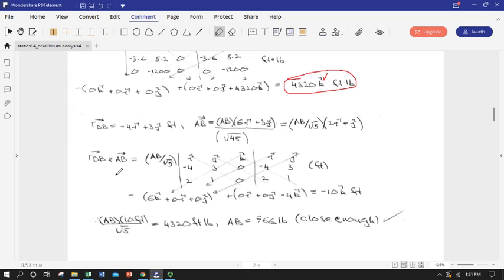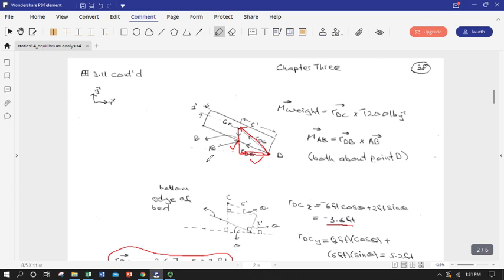Okay, the next job is to look at the moment that I would get around point D from force AB. So I had a vector D to C, and now I need to get the vector from D to B, which is a little bit simpler.